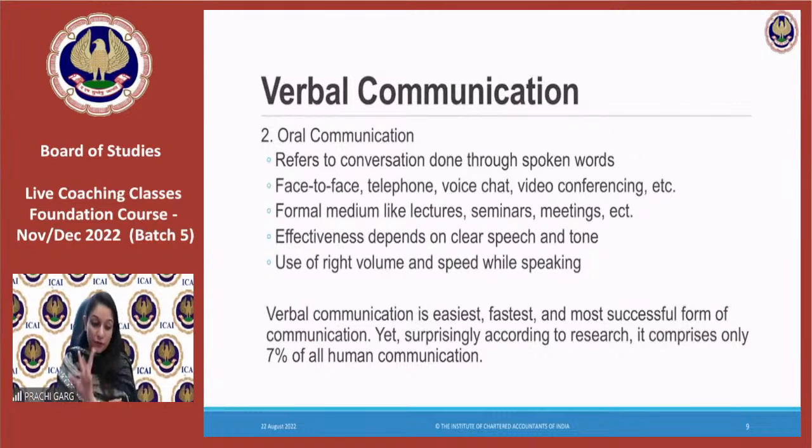Then comes the use of right volume and speed while speaking. You need to have the right speed. For example, some of you said that I'm fast. So if I'm fast and you're not able to understand me, then again the communication is not effective. And the right volume: if I'm too loud or too low, in both cases you won't be able to understand what I'm saying.